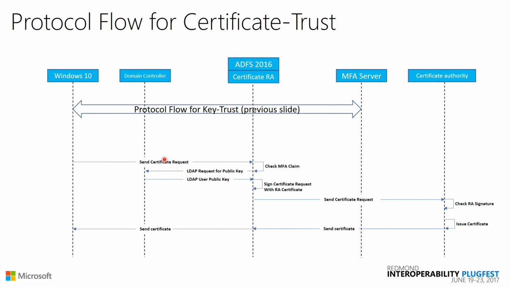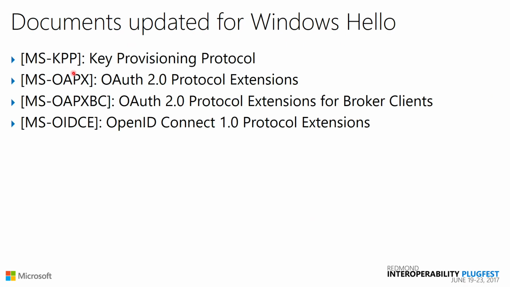So those documents that I showed you in the next slide are about OAuth and OpenID. These three documents here are there to update that aspect of it if you are an implementer implementing ADFS.